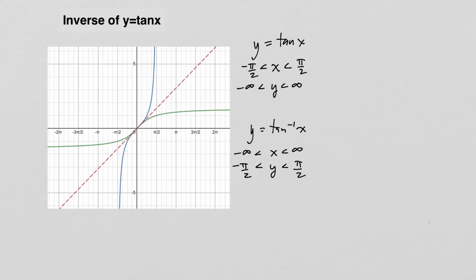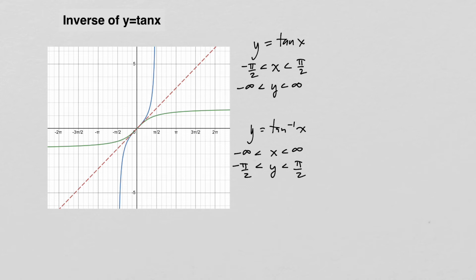And so here we have the graph of tangent, which is this graph here. And here is the graph of inverse tangent. And again, you have symmetry across the line y equals x. But again, don't worry too much about the graphs. I just like showing those to you so you can see that indeed it does have that symmetry.